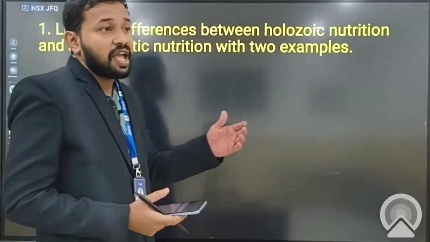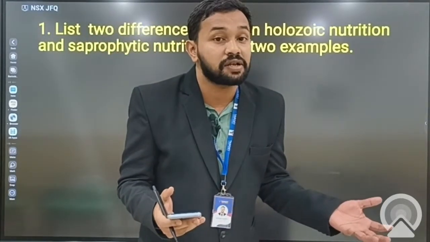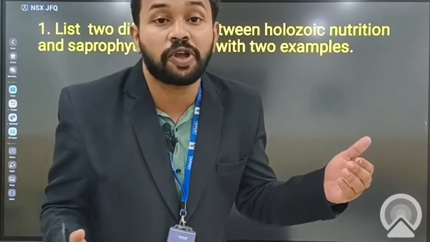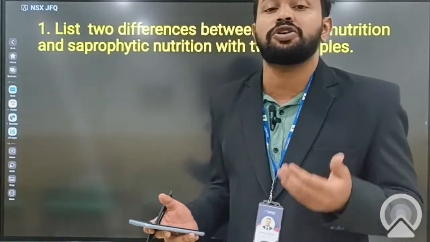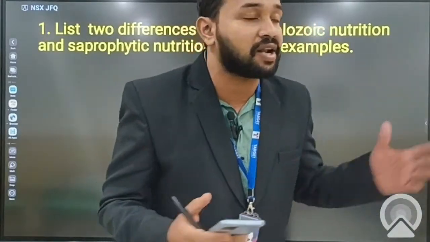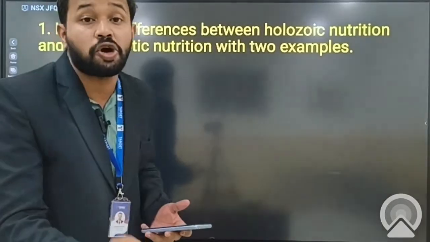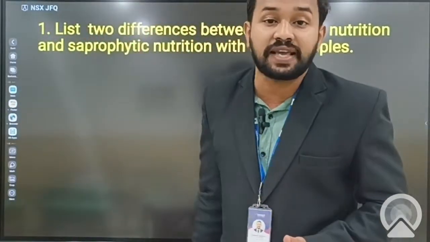Animals, especially humans or amoeba, depend directly or indirectly on autotrophic organisms, and the best example of autotrophic organisms is plants. We can divide heterotrophic nutrition into holozoic, saprophytic and parasitic nutrition.